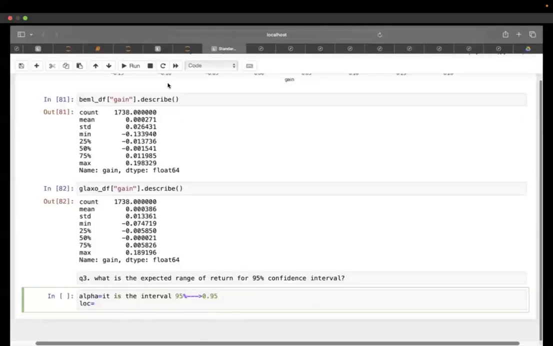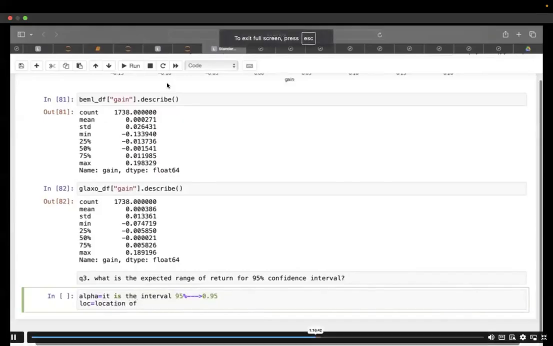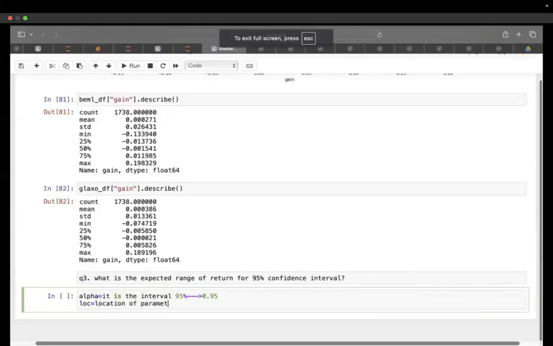The second is loc, or location, the location parameter of the distribution. In other words, it is nothing but the mean of the distribution. And you guys know the distribution is the standard normal distribution.